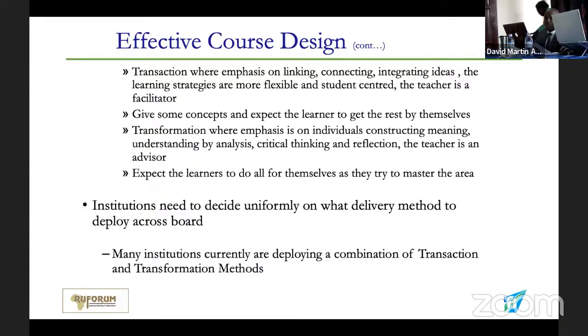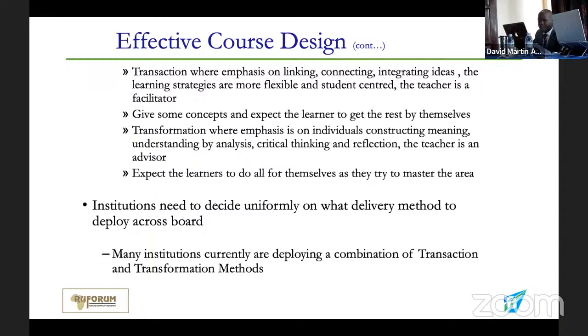Now, transformation is all about individuals constructing meaning, understanding through analysis, through critical thinking and reflection. And therefore here, the teacher is more of an advisor.